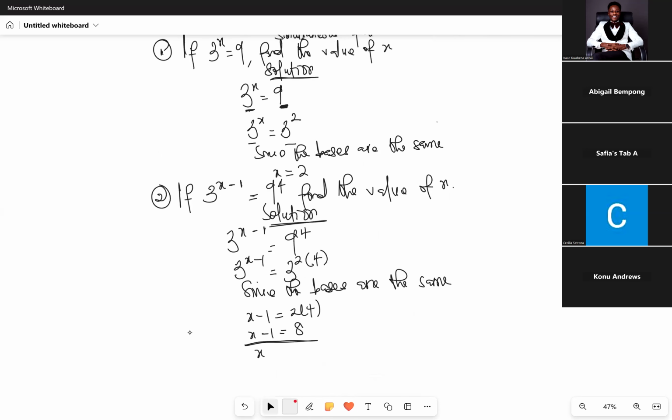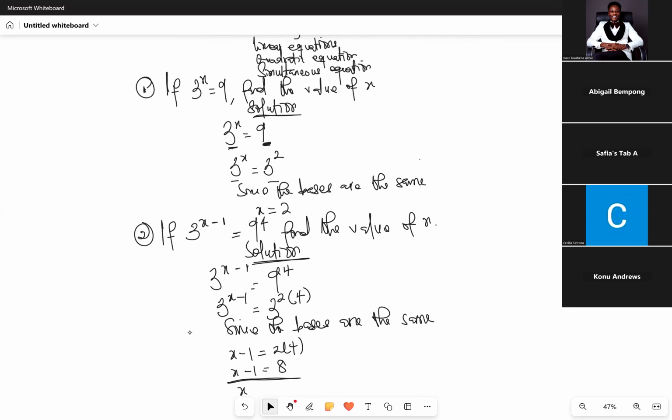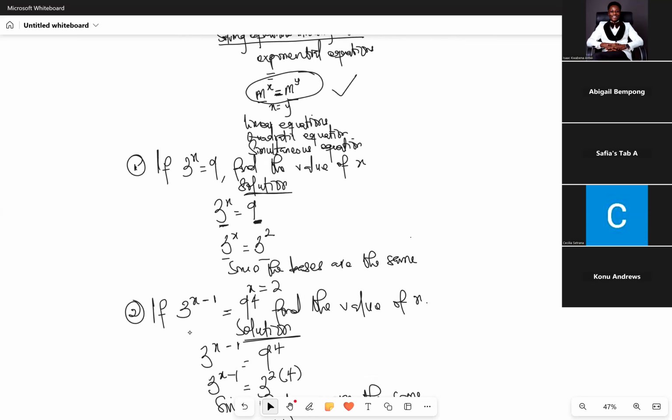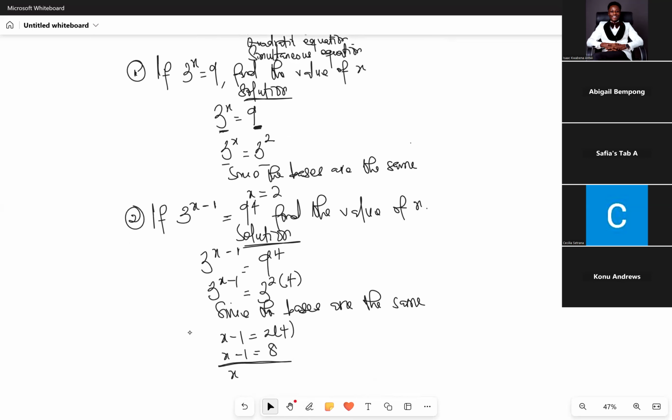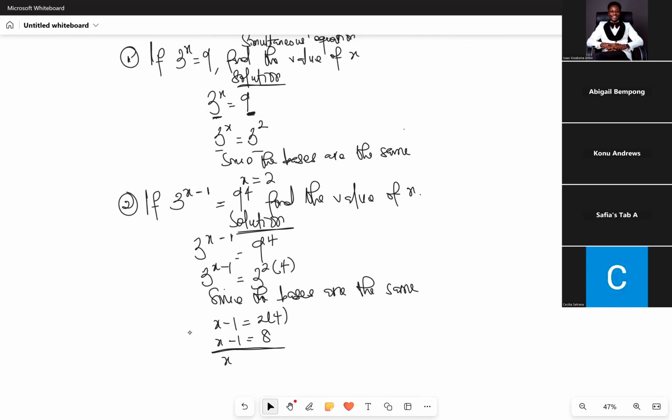simultaneous equation. Can someone check the right pronunciation for us? Is it simultaneous equation? Some people pronounce it one way, some another. Can you use your Google to check the pronunciation for us? I wish to hear the sound myself.